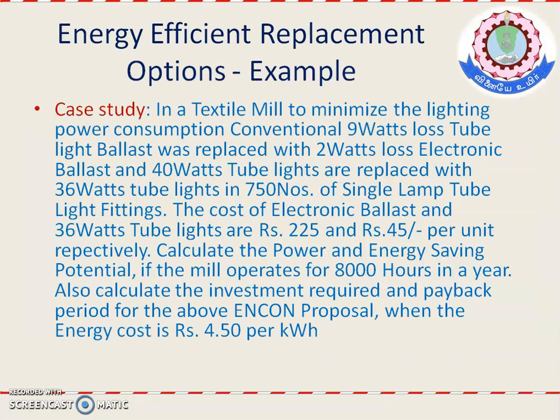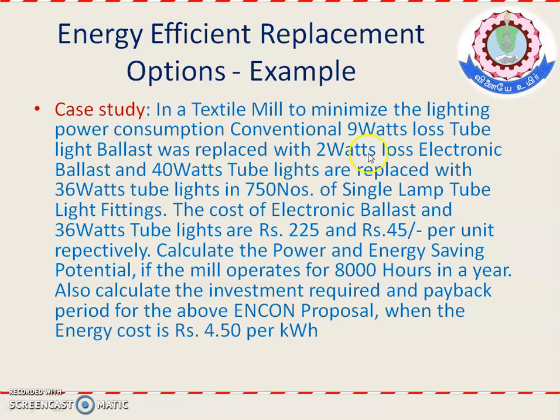Now, observe this case study in a textile mill. To minimize the lighting power consumption, that means the lighting load, the conventional tube light ballast, which has a loss of 9 watts, right?